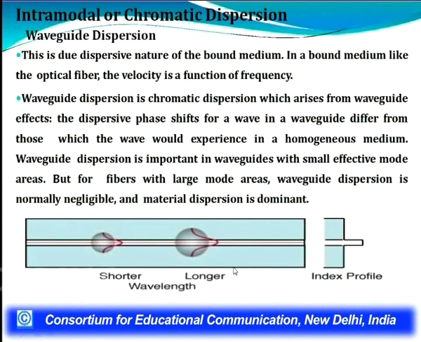The waveguide dispersion is important in a waveguide with a small effective mode area. But in a fiber with a large mode area, the waveguide dispersion is normally negligible and the material dispersion is dominant. It means that it also depends upon the material used to construct the optical fiber.